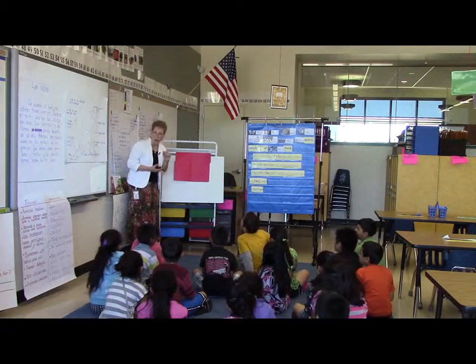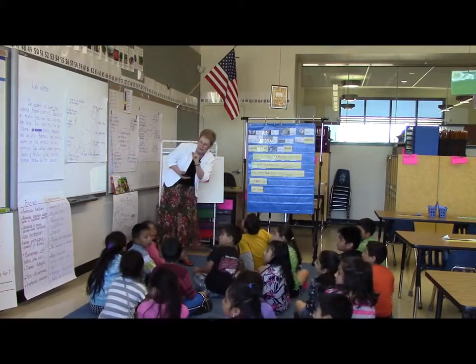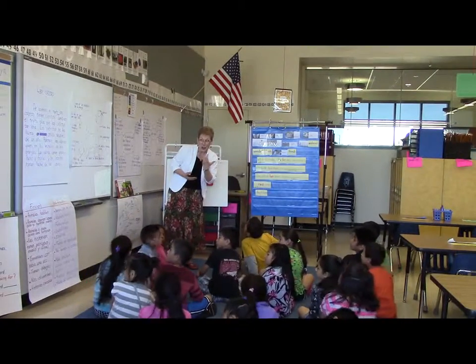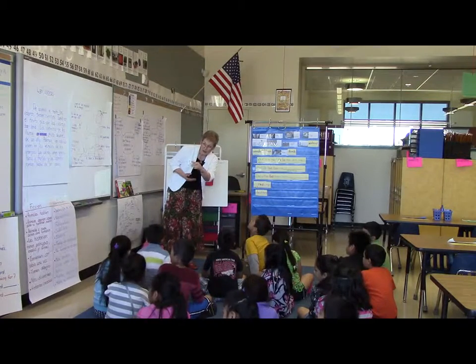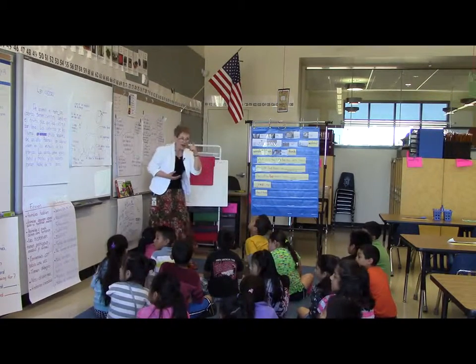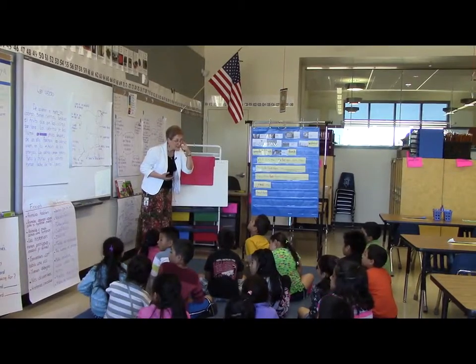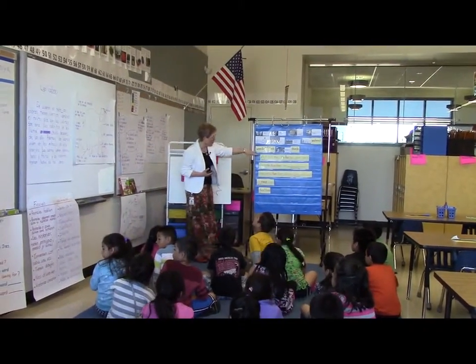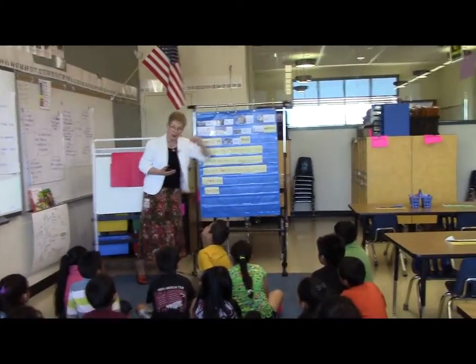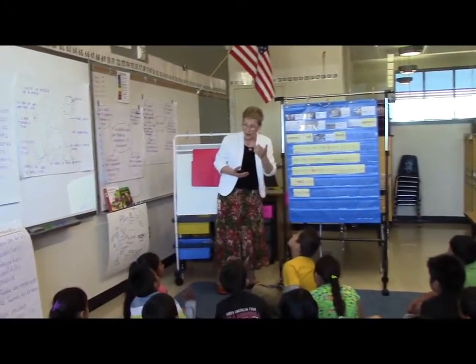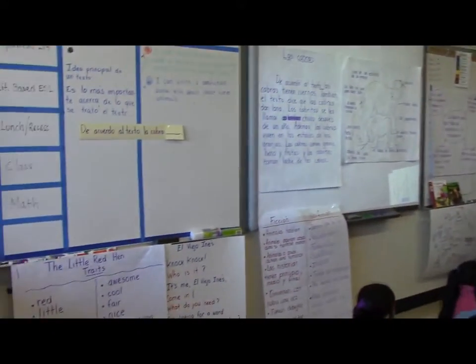Now, I know you've already come up with some words about the Little Red Hen, or we could say the Little Red Hen's traits. And over on the left-hand side are the way that the Little Red Hen looks. In other words, a question could be, what does the Little Red Hen look like? And you came up with some words, didn't you?